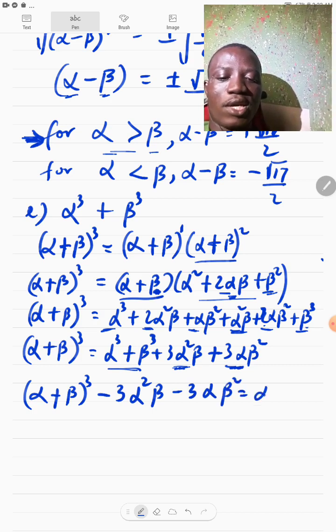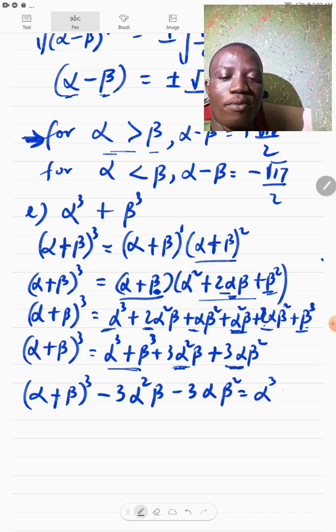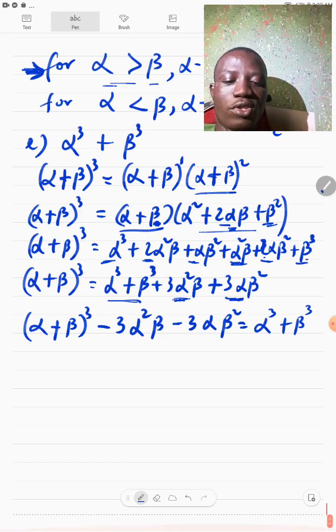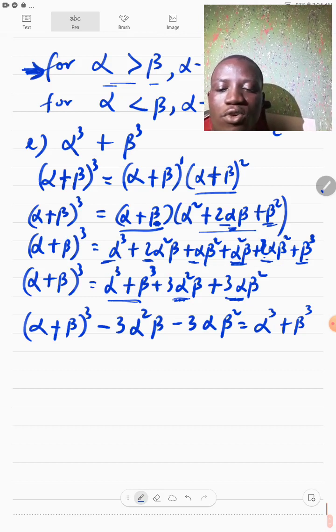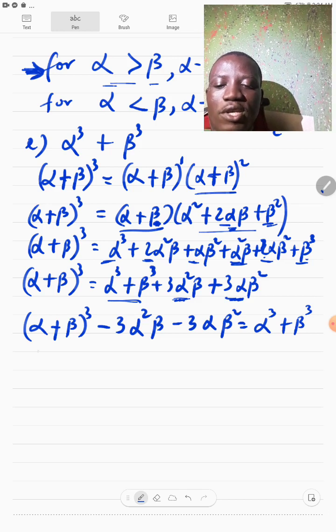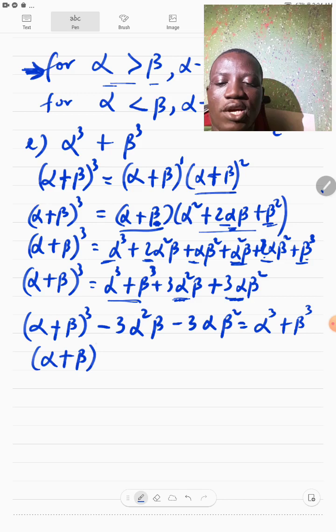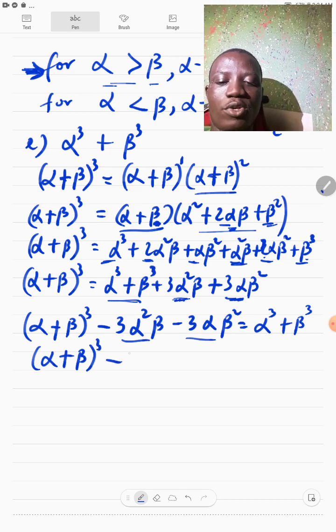So on that end it remains only alpha cube plus beta cube, which is what they want us to find. So if that's what we have now, then everything becomes easier. Let's still simplify that before I move everything together. Here let's bring out common factor. We can say 3 is common, and alpha beta is also common.